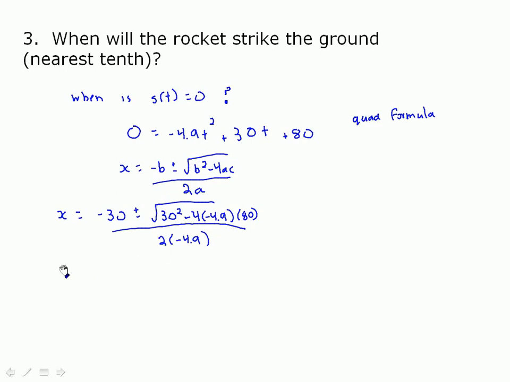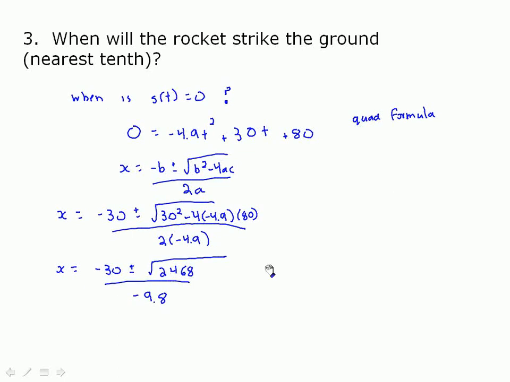2468. So really this becomes x is equal to negative 30 plus or minus the root of 2468, and then the denominator is negative 9.8. So we go through this one, negative 30 plus the square root of 2468 is equal to this 19.97 divided by negative 9.8.